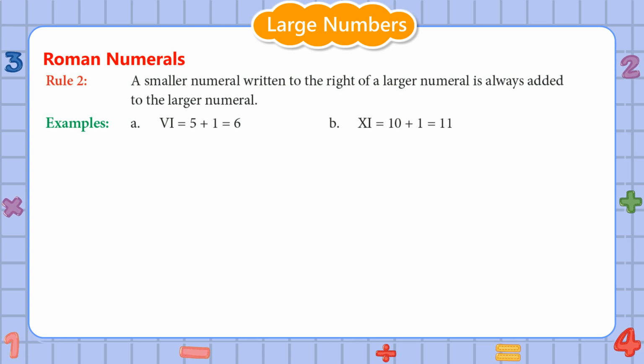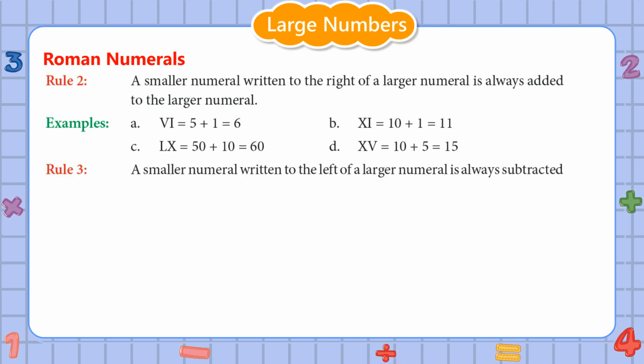B. XI is equal to 10 plus 1 is equal to 11. C. LX is equal to 50 plus 10 is equal to 60. D. XV is equal to 10 plus 5 is equal to 15.